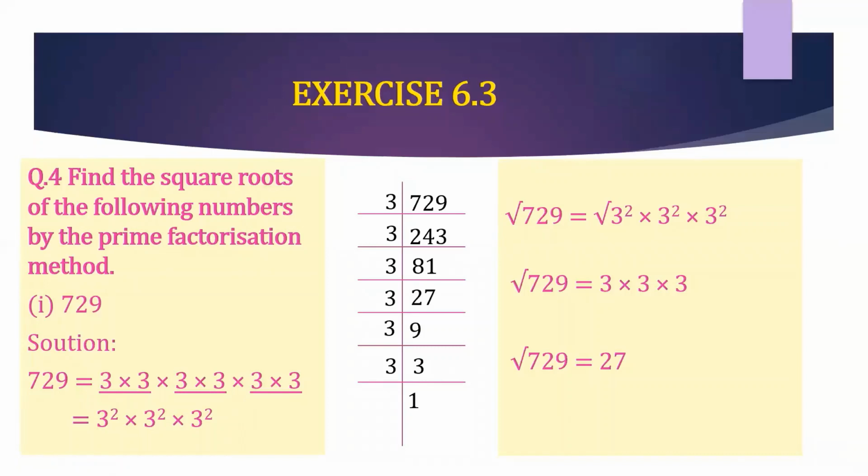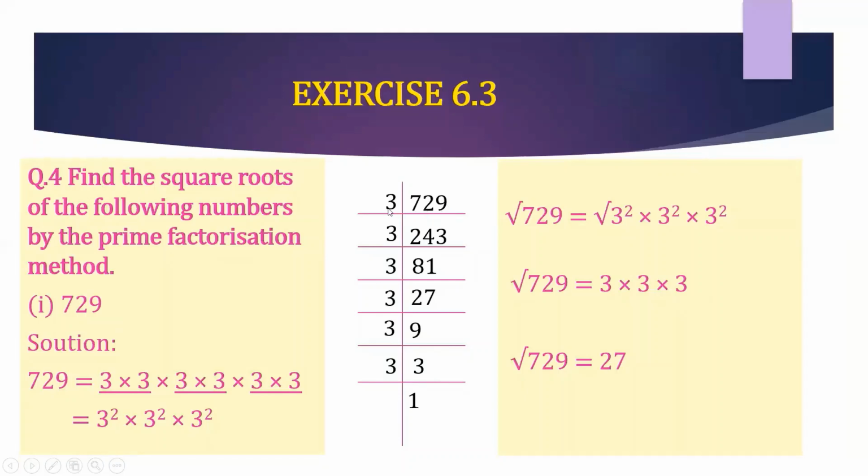Next, question number 4. Find the square root by prime factorization method. This we have already discussed, but again one more we have over here in the exercise, that is 729. So first we'll find the prime factors of 729. We know that 729 is an odd number and it is divisible by 3.